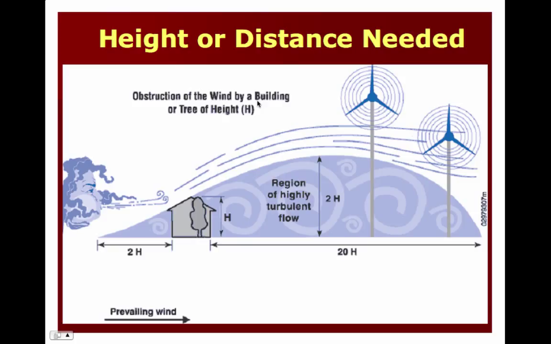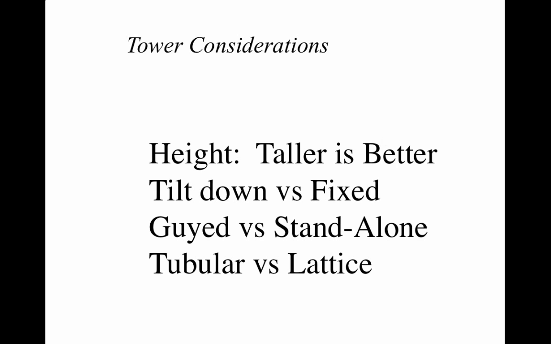You go up even 20 or 50 feet, you can get 2 or 3 miles per hour more wind speed, and you can double the output of a system just by going up another 30 or 50 feet. And so tower height is really the most important determinant of success of a wind turbine, and fresh, clean air reaching the turbine is very important.